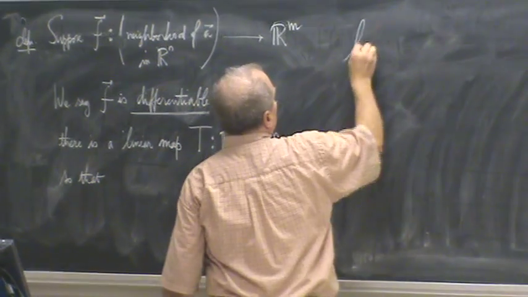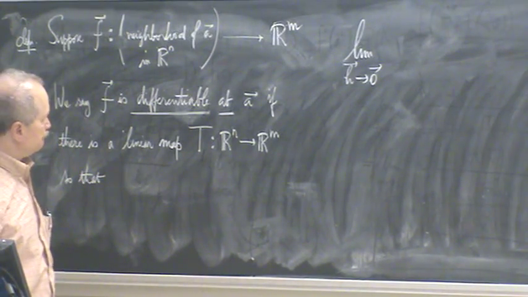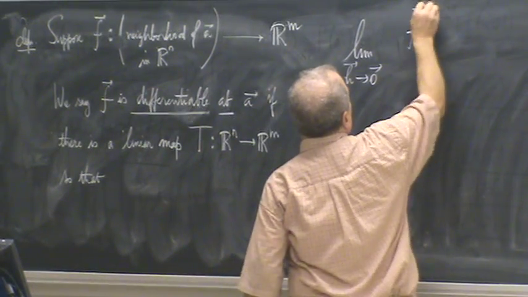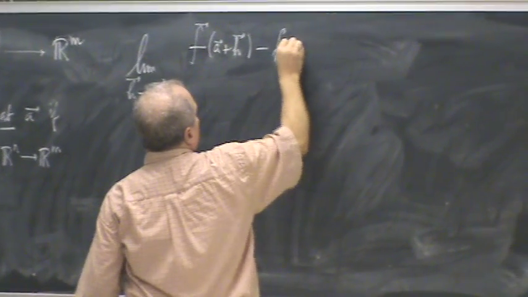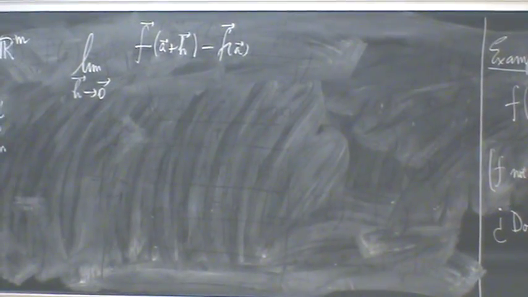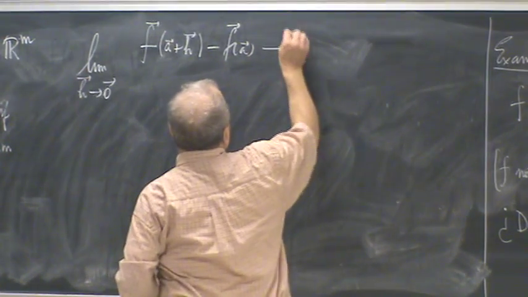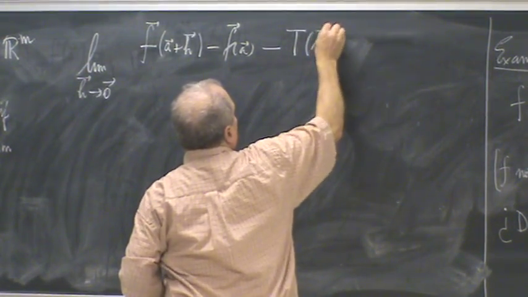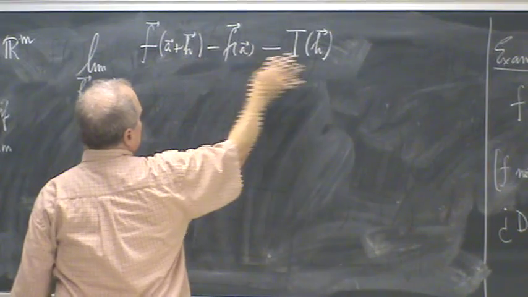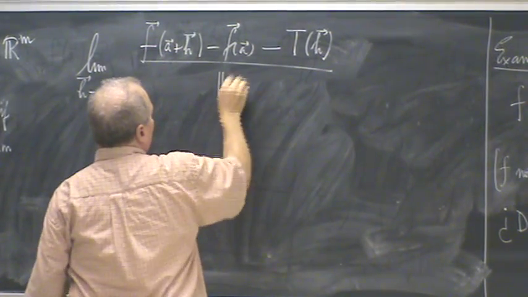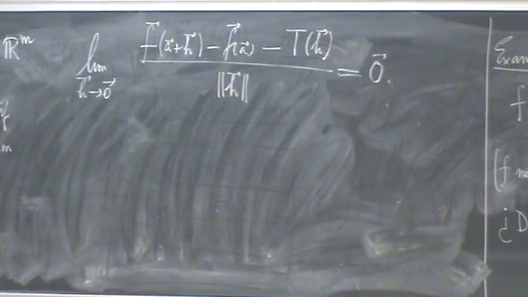the limit as the vector h goes to 0 of f of a plus h minus f at a, so this part looks the same, but now these are vectors and this is a vector input, minus the linear map of h, that's the best linear approximation. It should mean that if you take the error, it goes to 0 faster than the magnitude of h goes to 0.